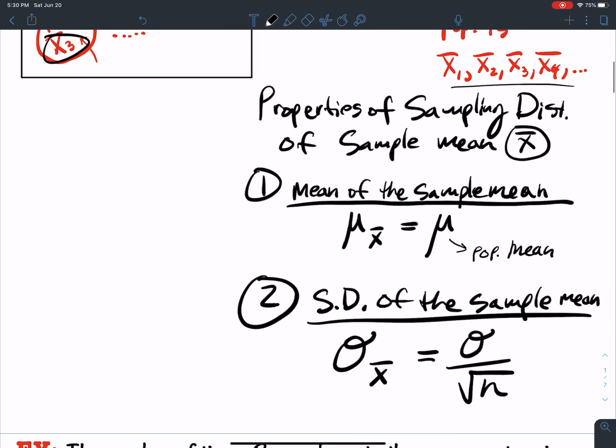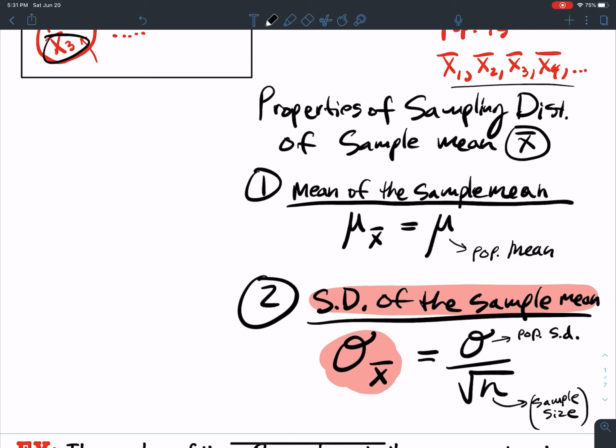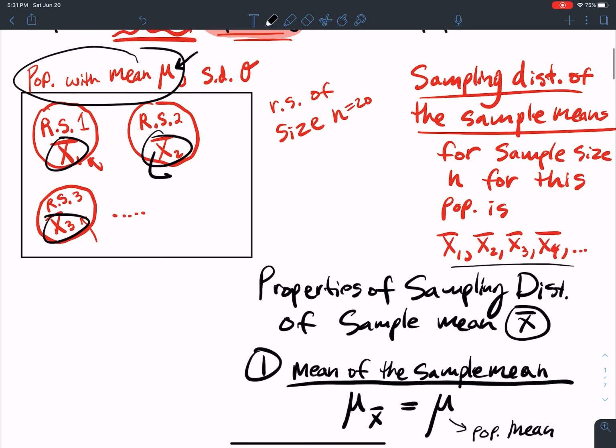Okay, the square root of the sample size, how big the sample was that we went out and picked. Remember I was saying this was based off an n equal to 20. So I would take the standard deviation divided by the square root of 20, whatever that is. Heck, I don't know, like 4.5 or something like that.